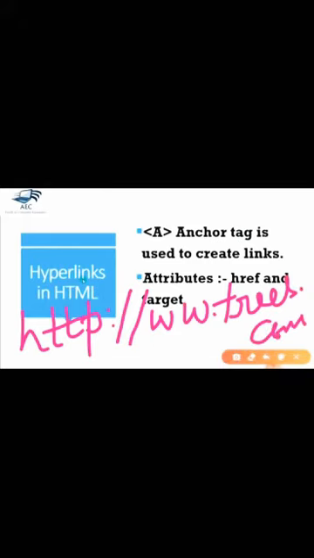So this is the URL. A typical URL means a uniform resource locator. When you open any website, you find this address in the address bar. Here www means 3w, so it will be www dot trees dot com.